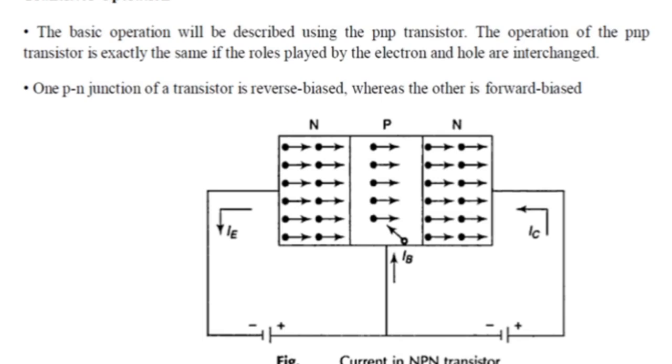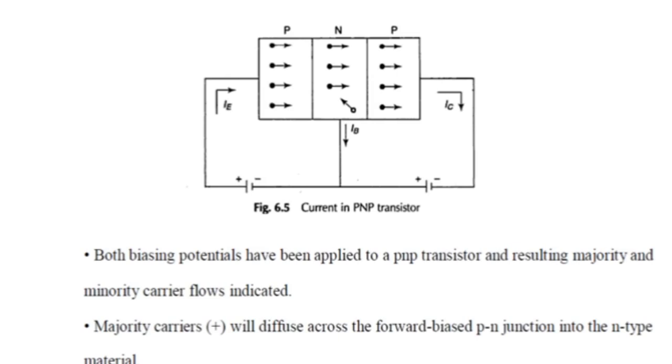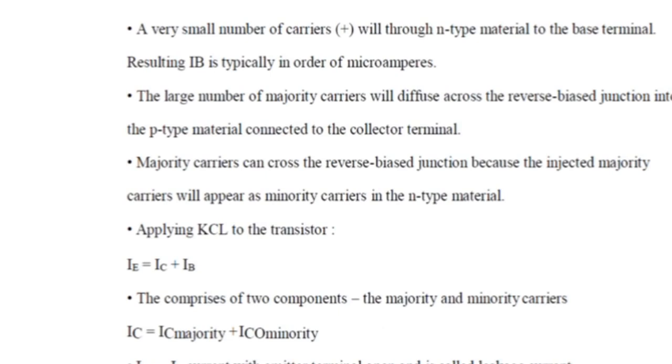Transistor operation. Let us see the transistor operation of the NPN transistor; the operation is exactly the same if the roles of electrons and holes are interchanged. Here you can see one diode is forward biased and one is reverse biased. When both biasing potentials are applied to the PNP transistor, the resulting majority and minority carriers flow as indicated. The majority carriers, that is positive, will diffuse across the forward biased PN junction into the N-type material.